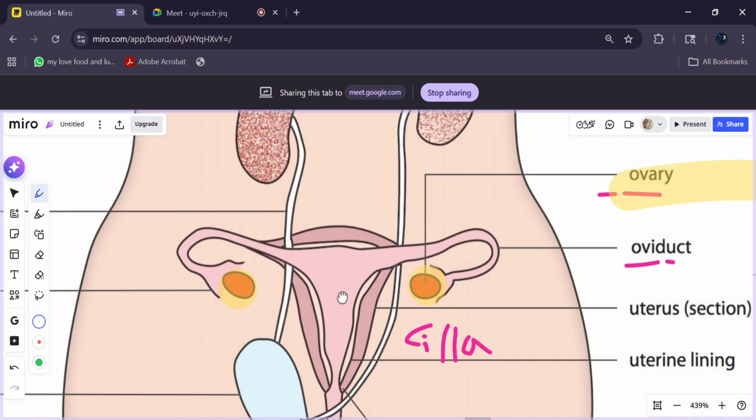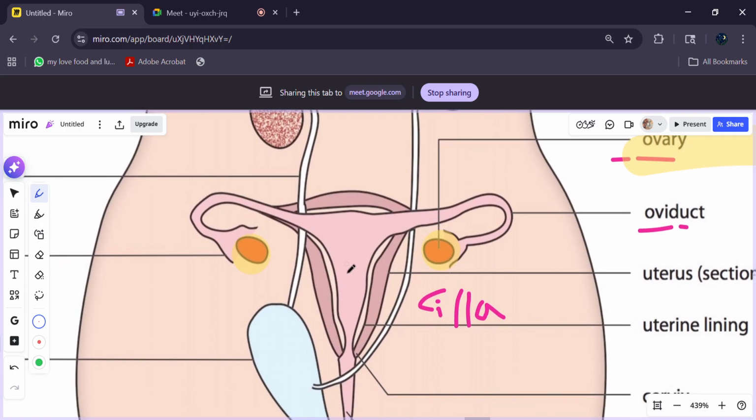It has elastic muscular walls that can enlarge. The smooth muscle tissue in the walls of the uterus contracts to push the fetus out during birth.